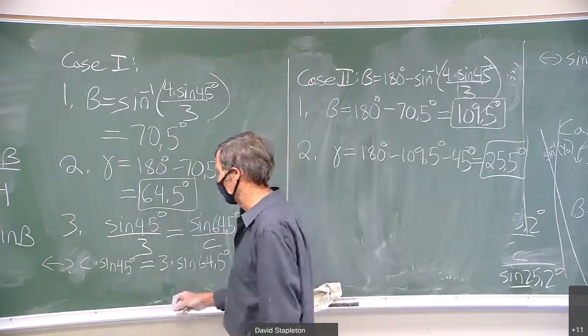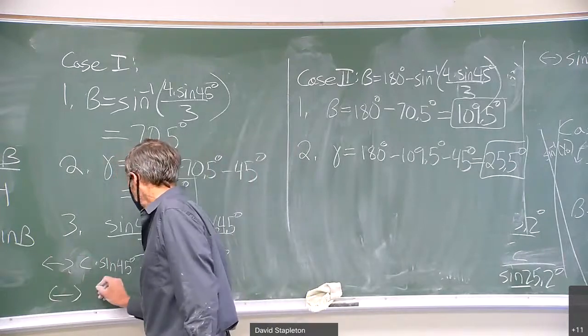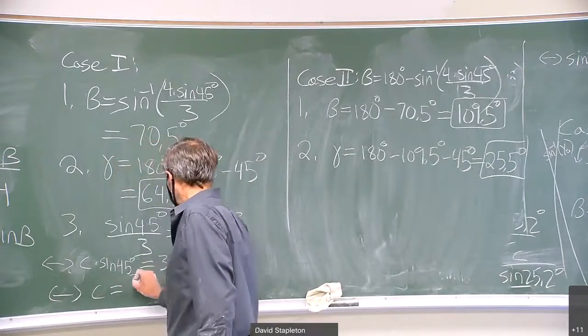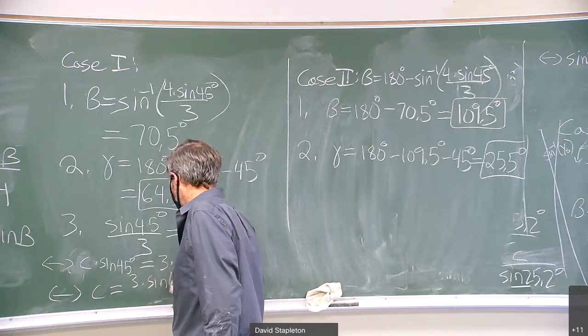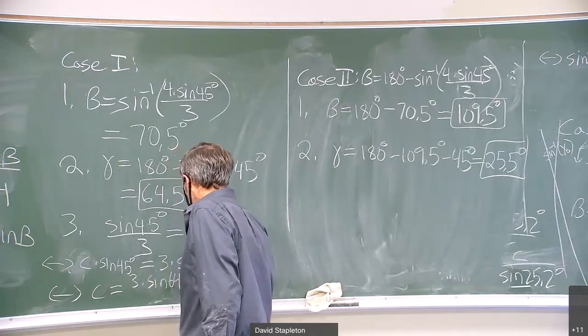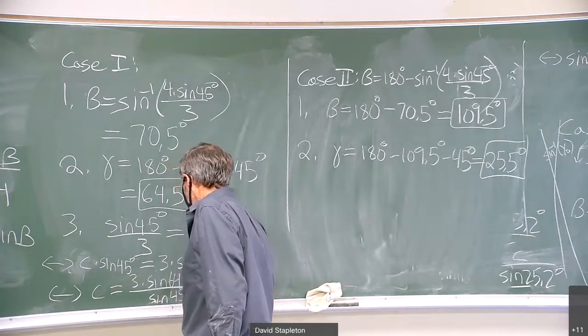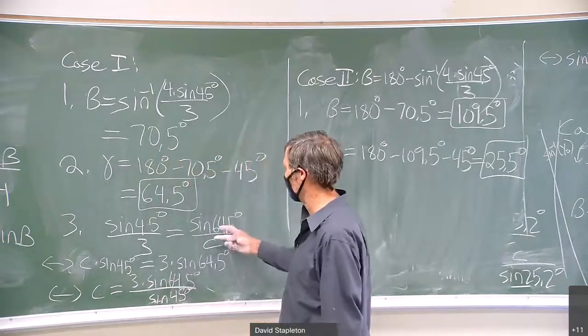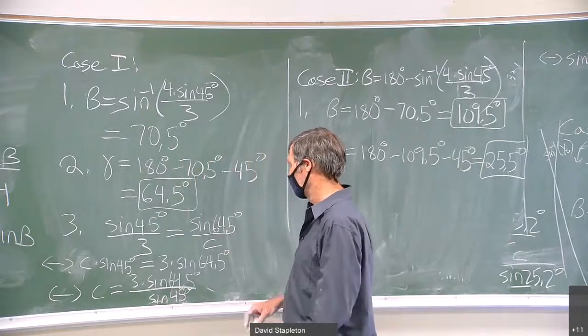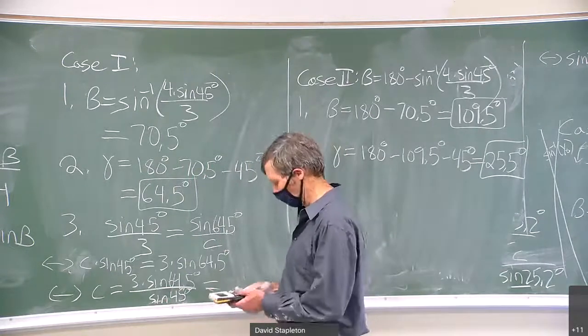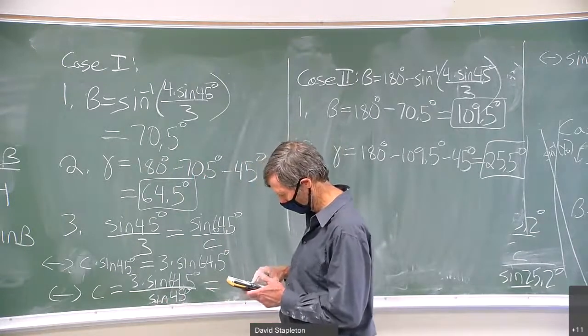Now I divide by sine 45. And I've got c equals 3 times sine 64.5 divided by sine 45. And see, that works just as well as taking reciprocals and then multiplying, like we did in the other ones. Maybe you prefer this method. Wanted to do this somewhere along the way.